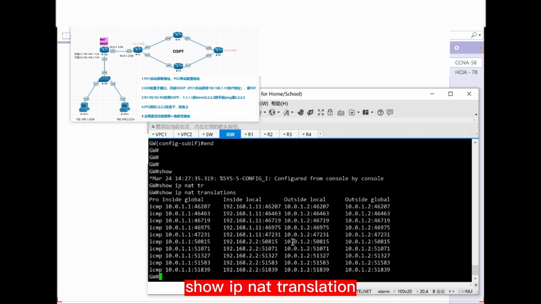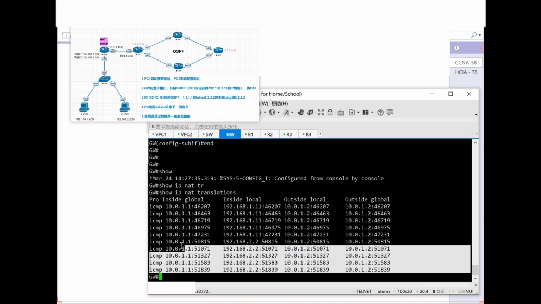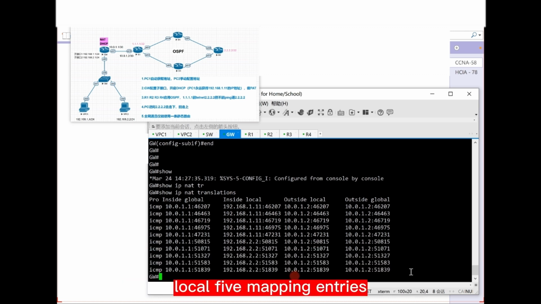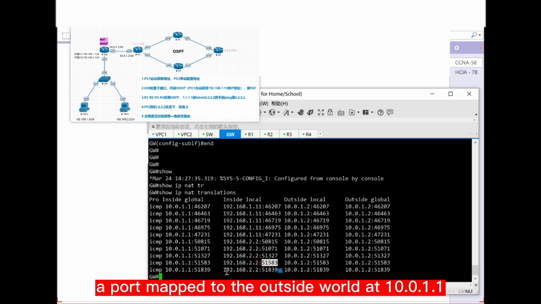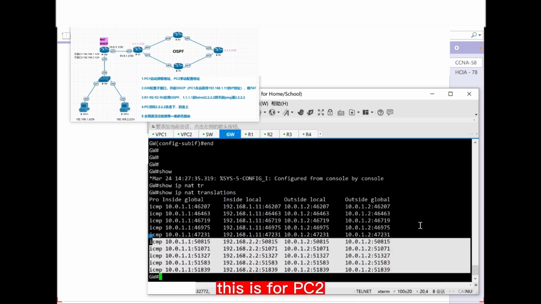Show IP NAT translation. We just sent a lot of pings. Here you will find 2.2 has 5 ICMP packets sent out, with 5 local mapping entries. Each time, a random high port locally is mapped to a port at 10.0.1.1 toward the outside world. This is for PC2.